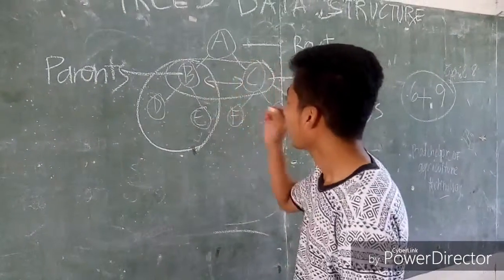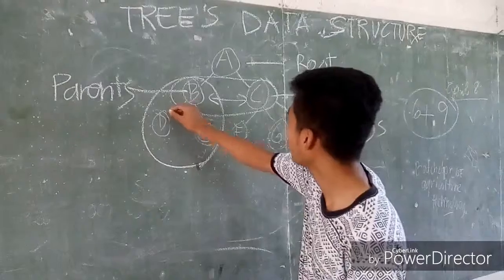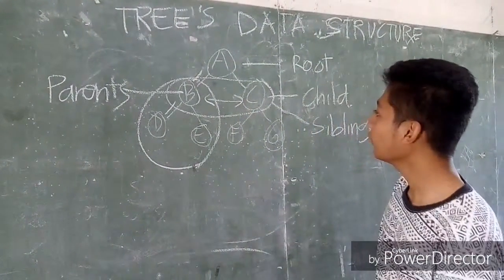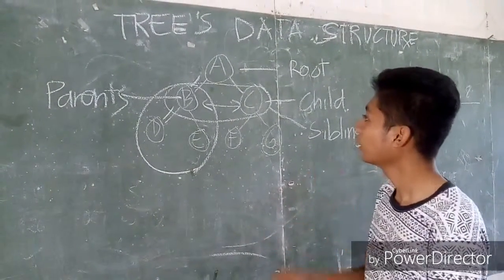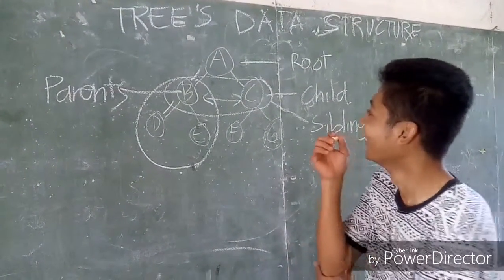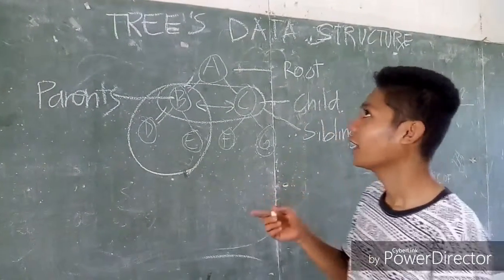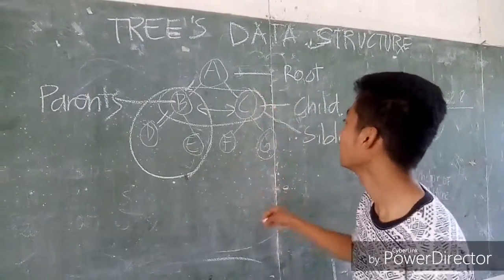So the height of the root is here 1, 2, and the depth is the shortest spot from the root.